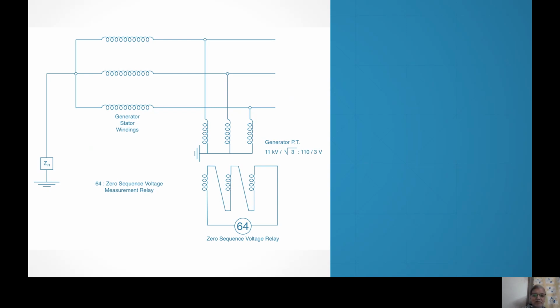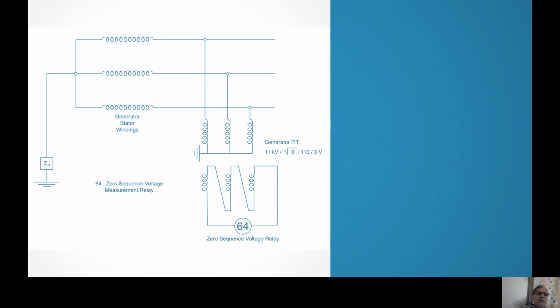you will not be able to protect 100% of the generator winding. Unfortunately so, because a generator under normal rated operating conditions produces 1 to 3% of third harmonic. Exact fundamental is just not possible for large machines. It would be producing all other harmonics, that is third, fifth, seventh. Even harmonics are not usually produced because the generator is symmetrical with reference to its central axis, but the odd harmonics are produced.